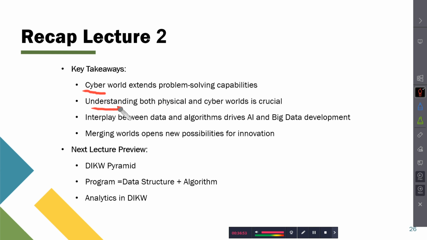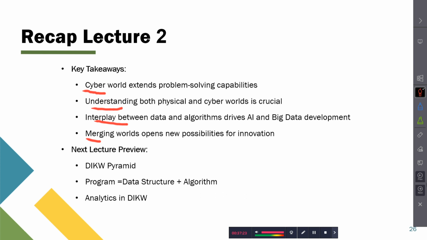Understanding both the physical and cyber worlds is crucial for leveraging AI and big data efficiently. And the interplay between data and algorithm drives the development of AI and big data technology. As we continue to merge the physical and cyber worlds, we open up new possibilities for innovation and progress.